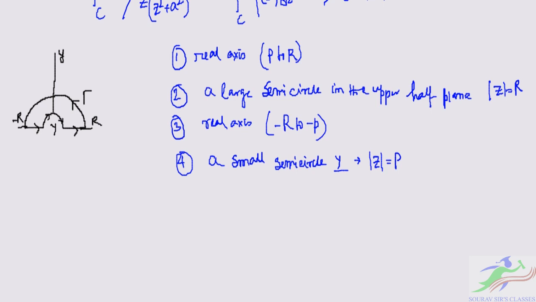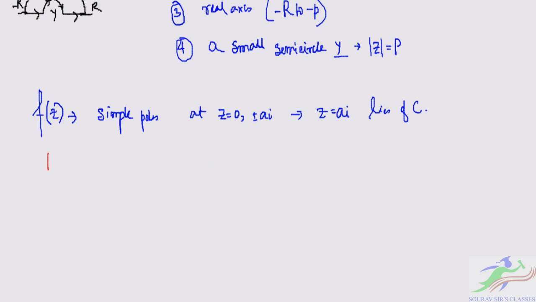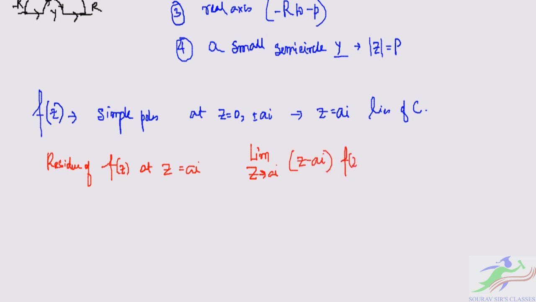Now since this f(z) has simple poles at z equal to 0 and plus minus ai, of which only z equal to ai lies on C. So the residue of f at z equal to ai will be the limit z tends to ai of (z minus ai) f(z).